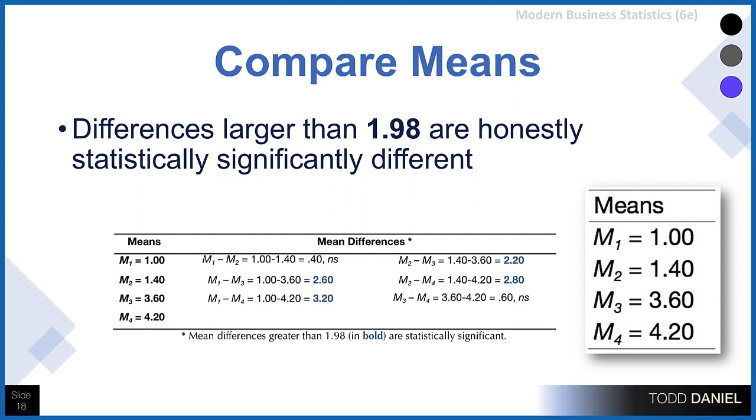Mean 1 minus mean 3, mean 1 minus mean 4. And we would start over with mean 2 minus mean 3, mean 2 minus mean 4, and then finally mean 3 minus mean 4, always looking for differences greater than 1.98. If any of those comparisons is greater than 1.98, those two groups are different from each other.